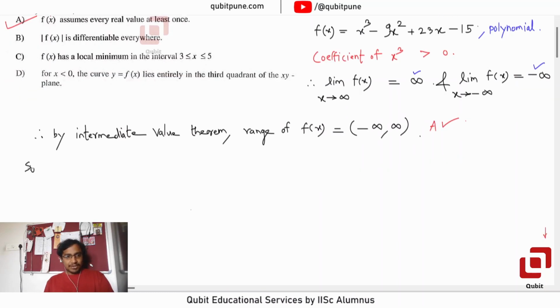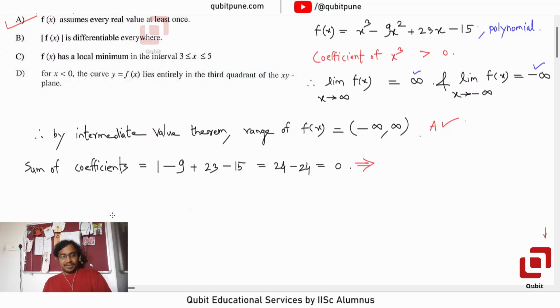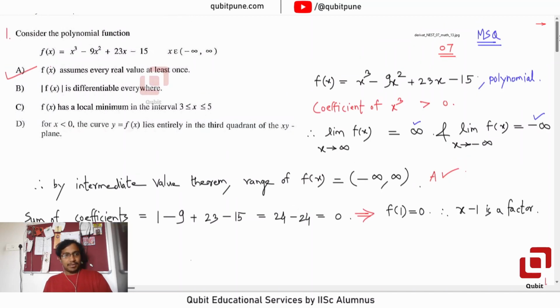What is the sum of coefficients? x cube's coefficient is 1, x squared's coefficient is negative 9, x's coefficient is 23, and the constant term is negative 15. 23 plus 1 is 24, 9 plus 15 is also 24, 24 minus 24 is 0. This implies that f of 1 is 0, and therefore x minus 1 is a factor.